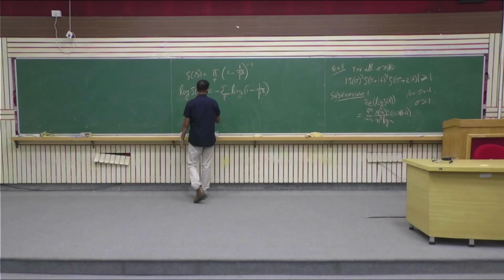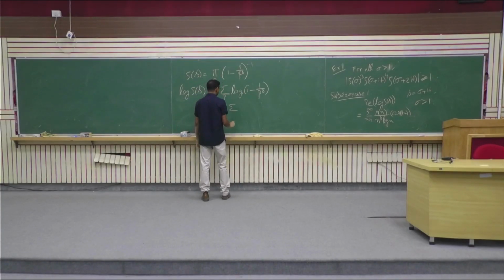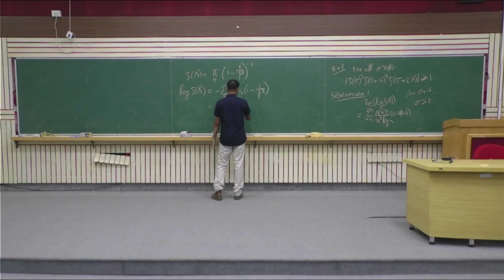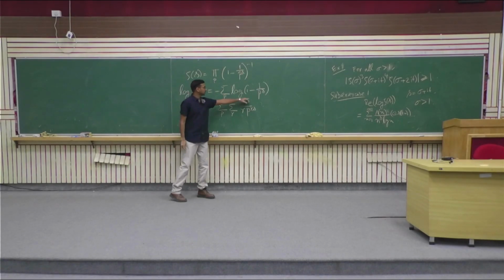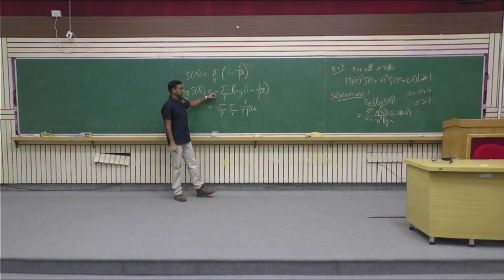Now if you expand this, you get sum over p, sum over r, and inside you get 1 by r p power rs. All the terms in this expression are negative, so this minus 1 just goes in and they're positive.